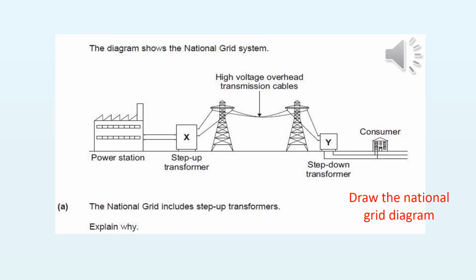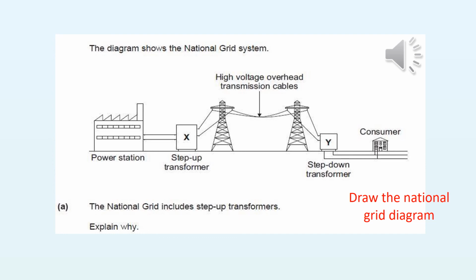Then as it gets to wherever we need it, that could be an office, home, school, it needs to be stepped down again, because if you have this kind of high voltage coming into your house, it will literally blow everything up. So it needs to be stepped down to a normal level. In the UK, we use 230 volts, and then obviously it's sent on to the consumer.